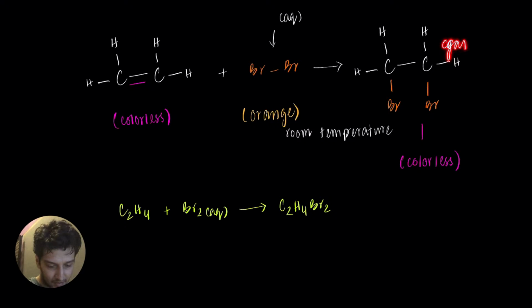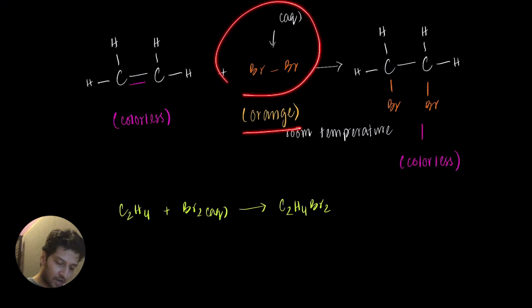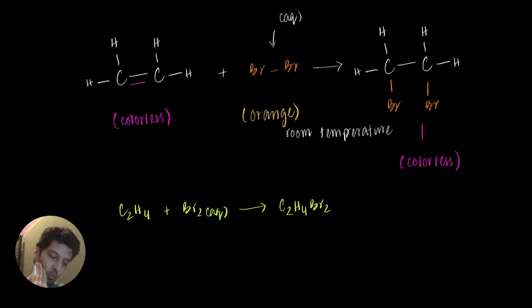So can you picture me passing or bubbling ethene gas through bromine water, which is orange in color? And what's going to happen? What will happen? What do you guys think?